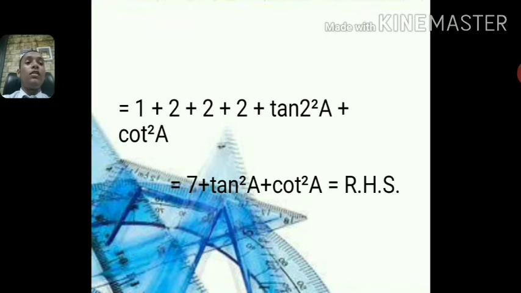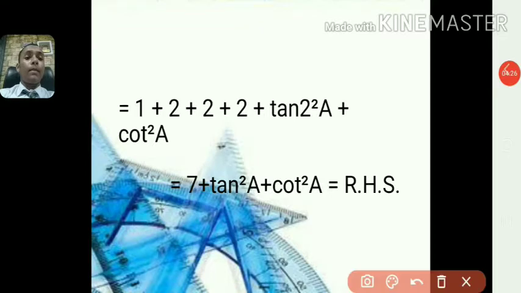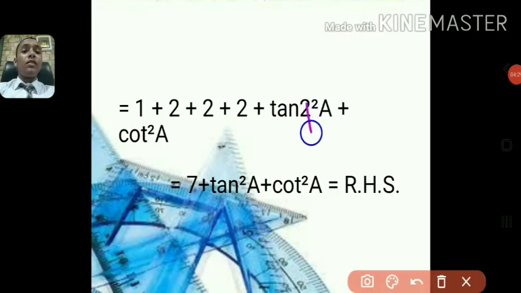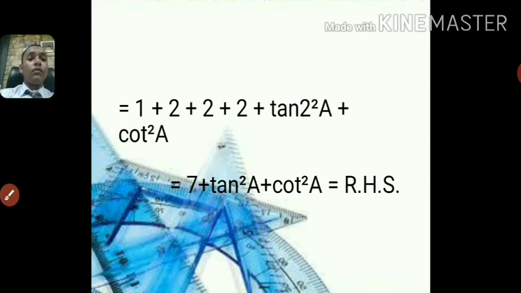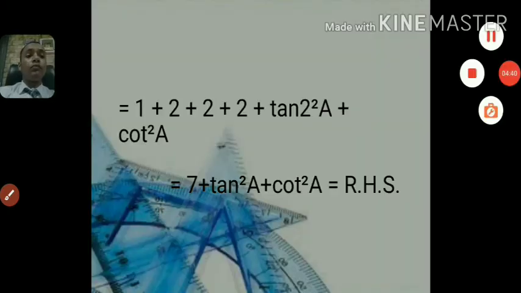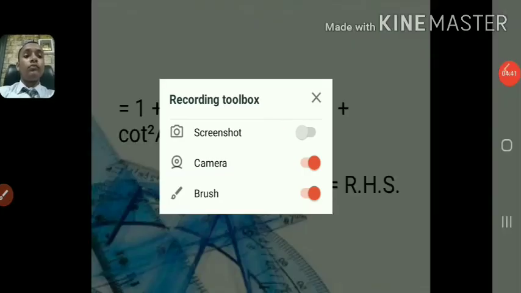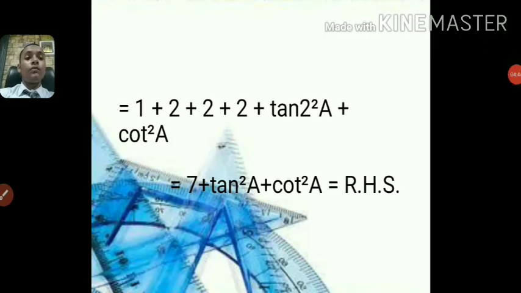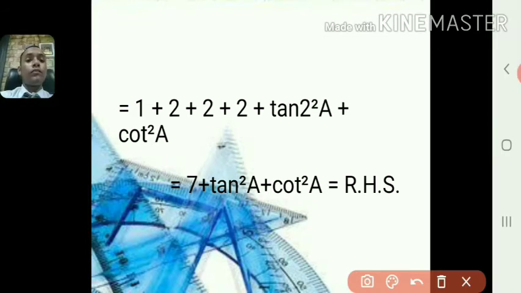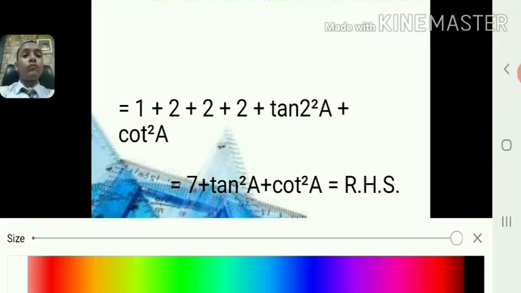Here by mistake it has been written wrongly, sorry for that.